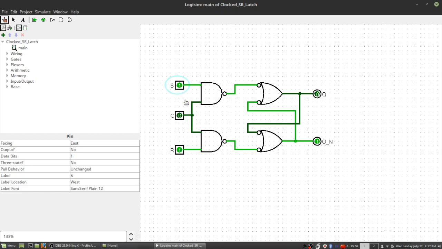Now, we know that this is our forbidden state for our SR latch, and that can cause some problems. And so the clock helps us out here, because if the clock is a 0, as we're changing our signals, it will make it so Q cannot be changed. It will only be changed when C is a 1.